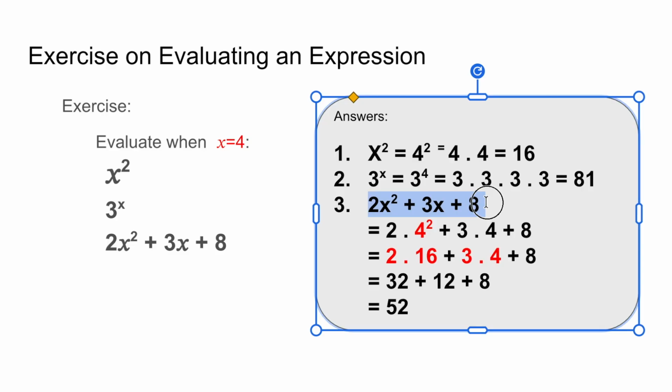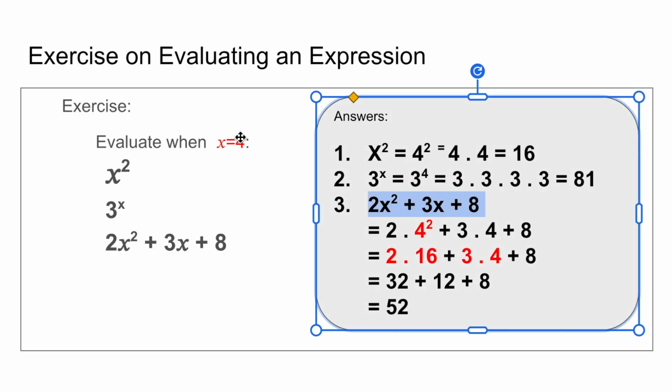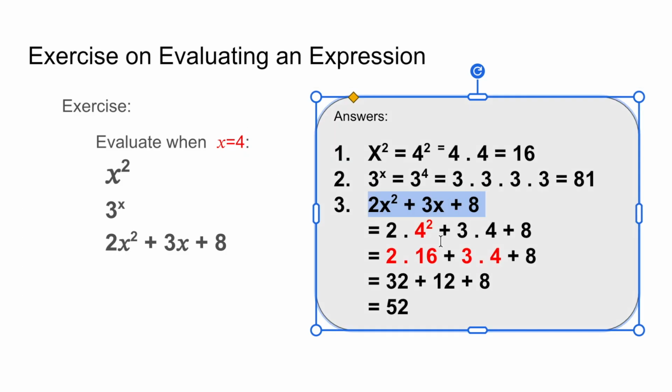Now see this one, 2x square plus 3x plus 8. This is how you read this. Now we know the value of x is 4. So when you see something like 2x, it means 2 times x.